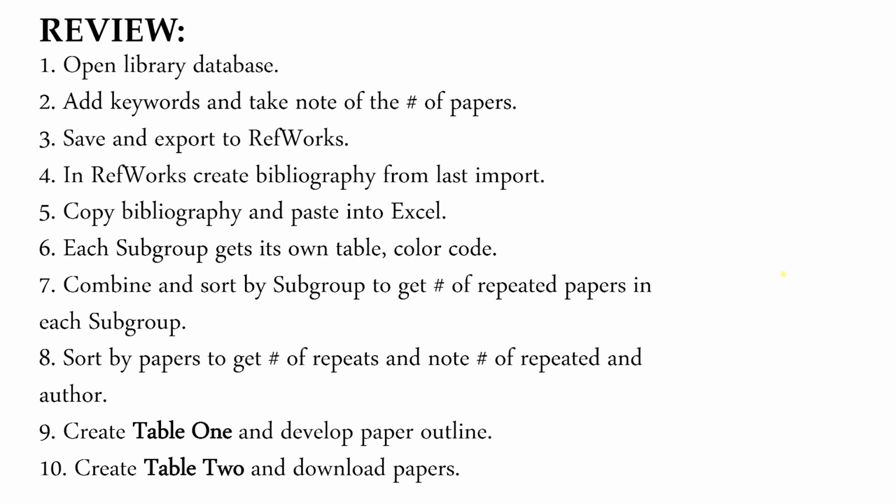Each subgroup gets its own table tab, each one gets its own color. Combine and sort by subgroup to get the number of repeated papers in each subgroup. Sort by papers to get the number of repeats and note the number of repeated and author. Create table 1 and develop paper outline, create table 2 and download papers.